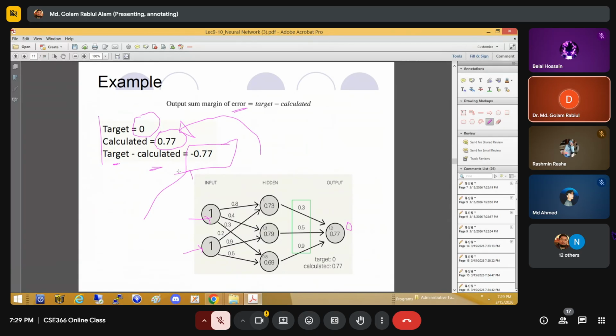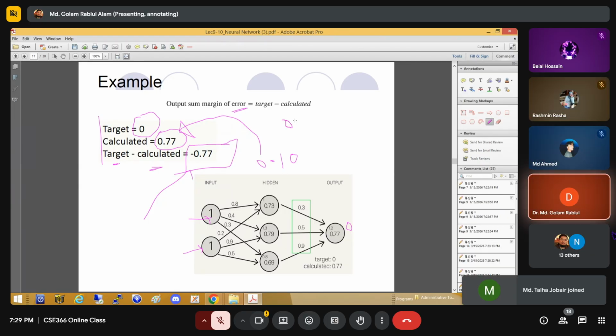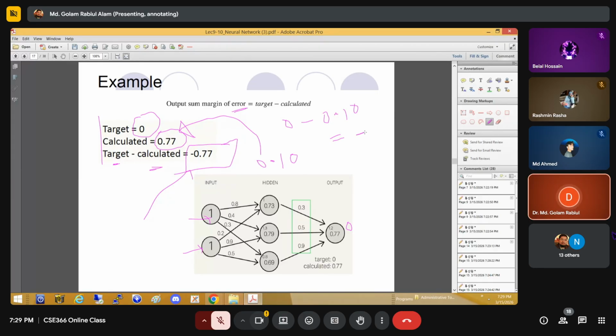So maybe in such a case, if we can see that the calculated value is 0.77, and if it is maybe 0.1 instead of 0.77, then the error will be 0 minus 0.1. So in that case, it will be minus 0.1.